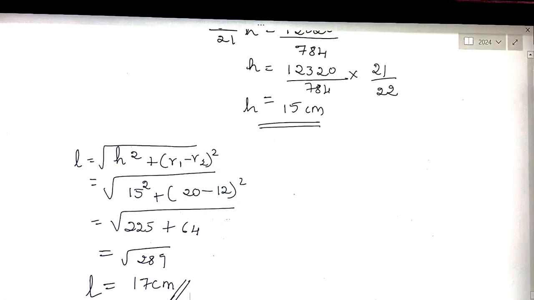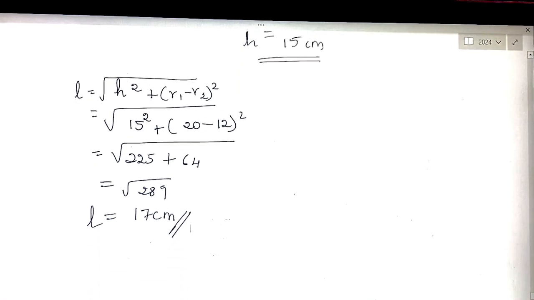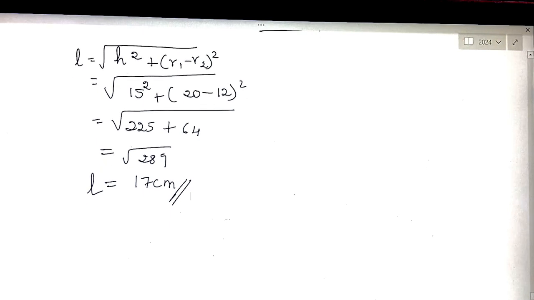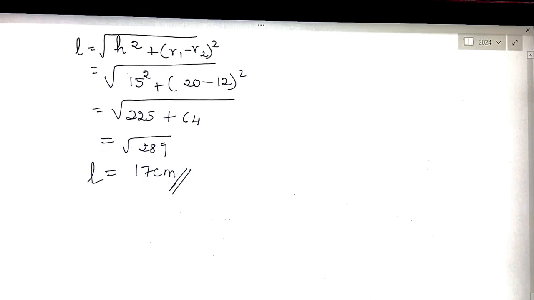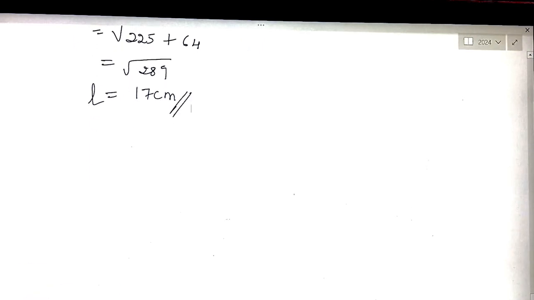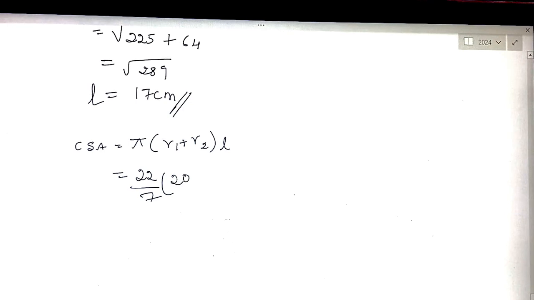Since we know the L value as well, now we can find the CSA value. So we write the CSA formula first, then we substitute the value. So CSA is nothing but pi of R1 plus R2 into L. So pi is nothing but 22 by 7. R1 plus R2 is nothing but 20 plus 12. L value is 17.